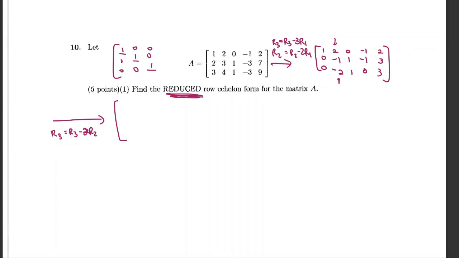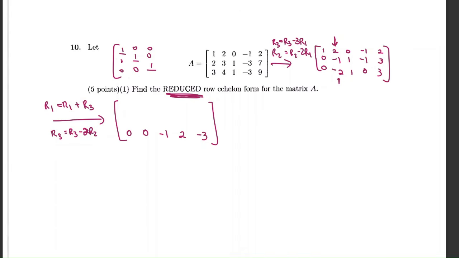Okay, so now when we do that, we get 0, 0, -1, 2, -3. And then I'm also going to try to make this entry 0, so I'll do row 1 equals row 1 plus row 3.